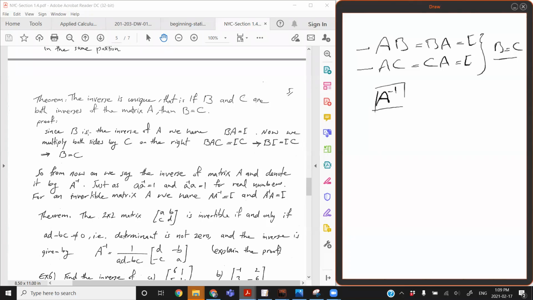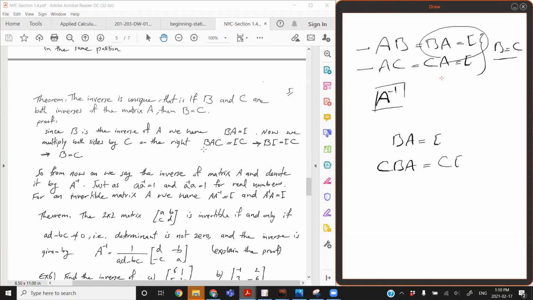Now, since B is the inverse of A, then we know that BA is I. Now we multiply both sides of this by C. That means CBA is going to be CI.